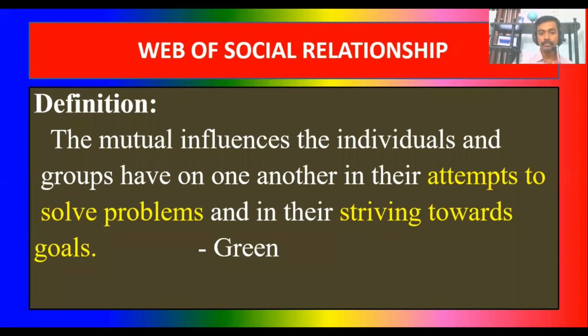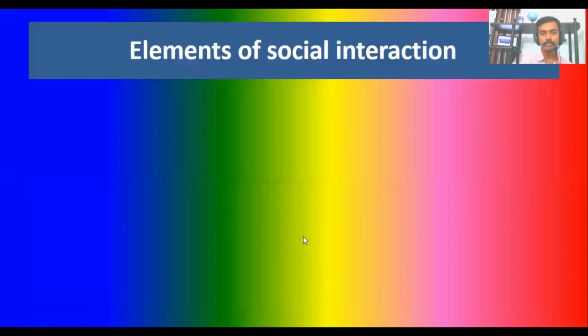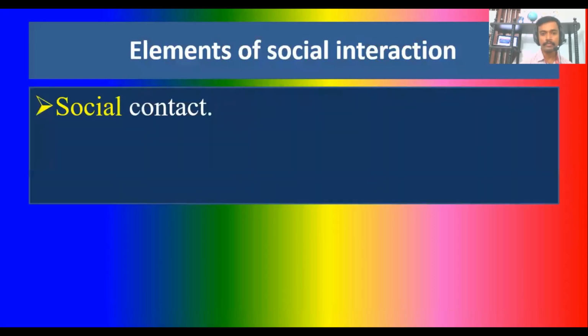Keywords: mutual influence, attempt to solve problems. Then elements of social interaction. First element, social contact. Connect with each other. Then communication, share information.